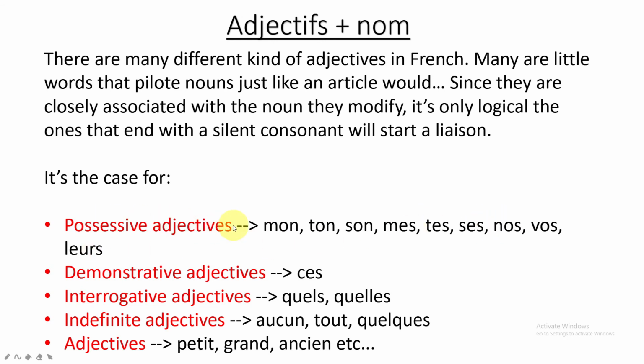It is the same case with the demonstrative adjectives, like ces; the interrogative adjectives, quel; the indefinite adjectives, aucun, tout, quelque; and the normal adjectives, petit, grand, ancien, which are nothing but modifiers. And so on. It's not only for these, but for any adjective ending with a silent consonant.